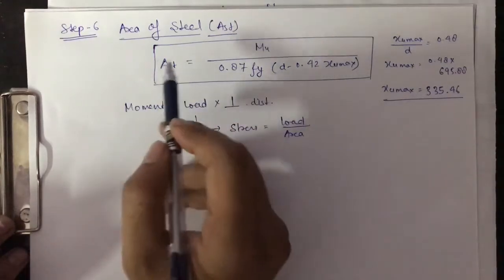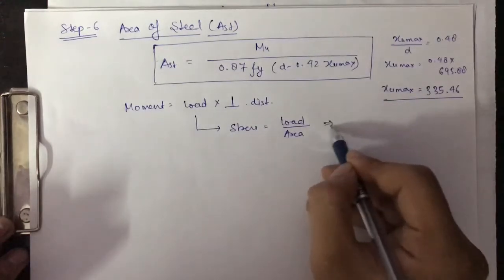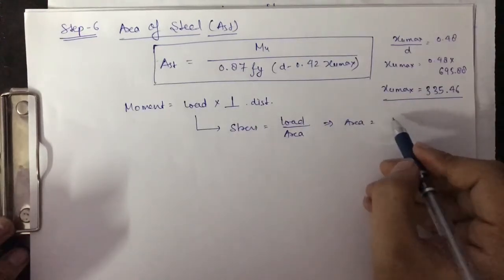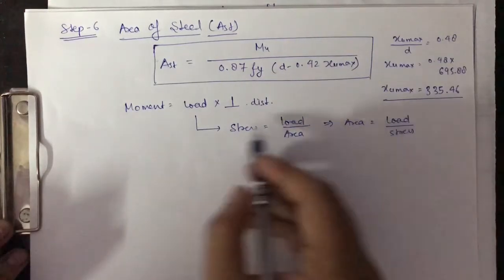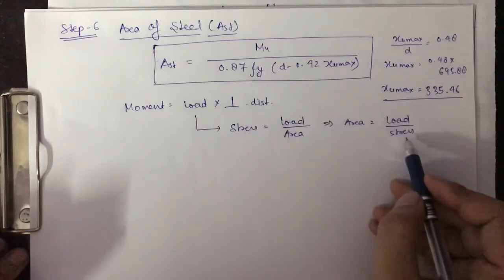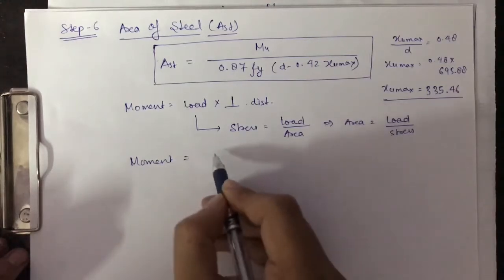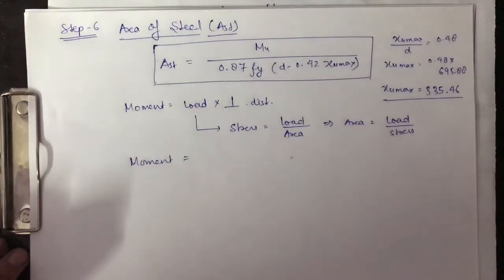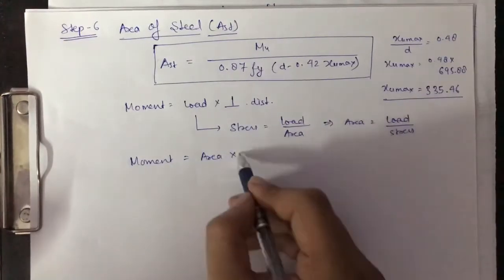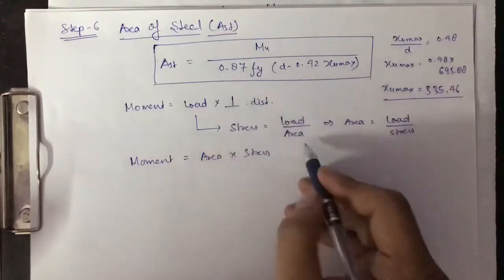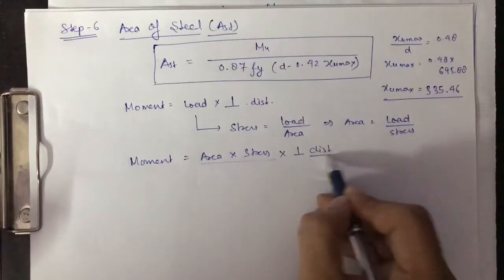So if we have to find the area, area is equal to load upon stress, and moment is equal to area into stress, which is the load, into perpendicular distance.